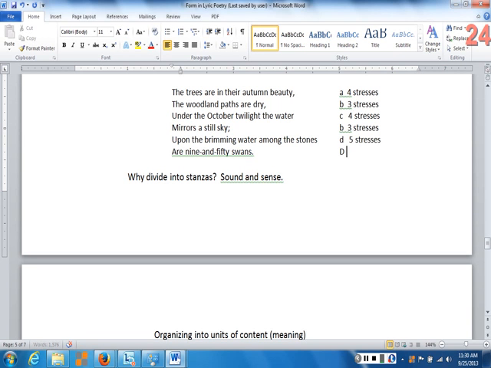Now, there are different ways that we could measure the length of a line. But in metrical verse, the primary unit of measure is the stress. So you can see here the pattern of length in Yeats's stanzas: 4-3, 4-3, 5-3.